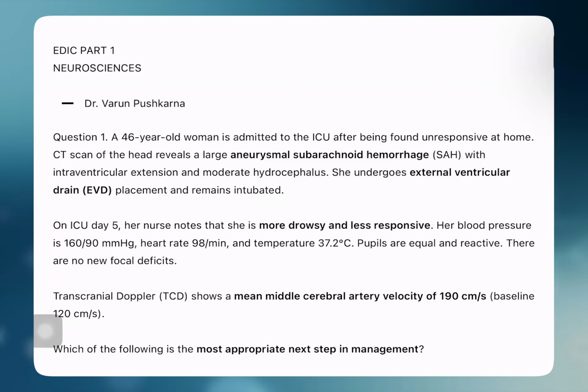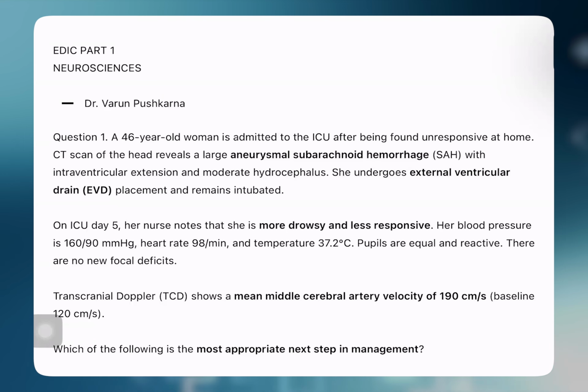On day 5, the patient is noted by the nurse to be more drowsy and less responsive. The blood pressure is 160 by 90. Heart rate is 98. The temperature is 37.2 degrees centigrade and pupils are equal and reactive. There are no new focal deficits.